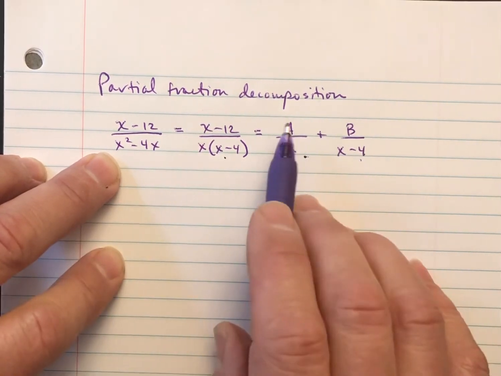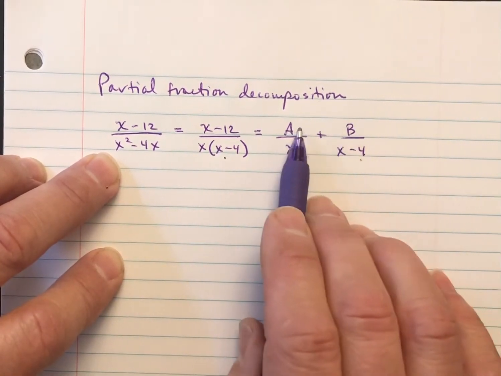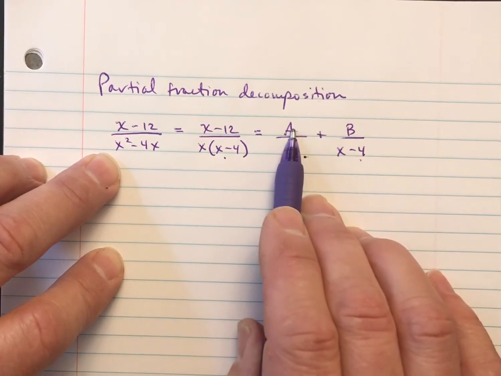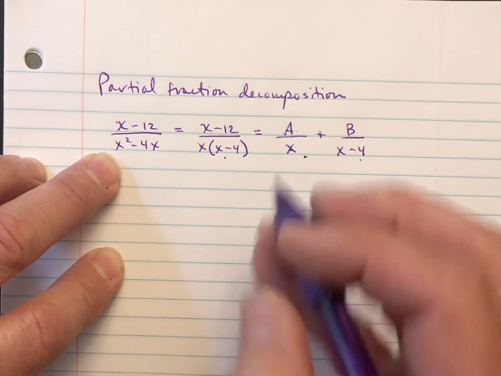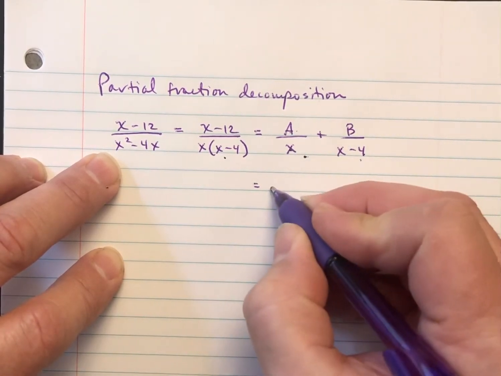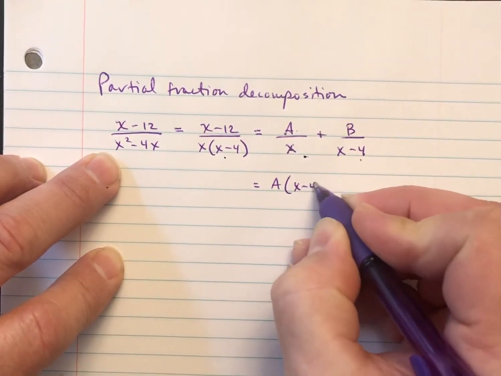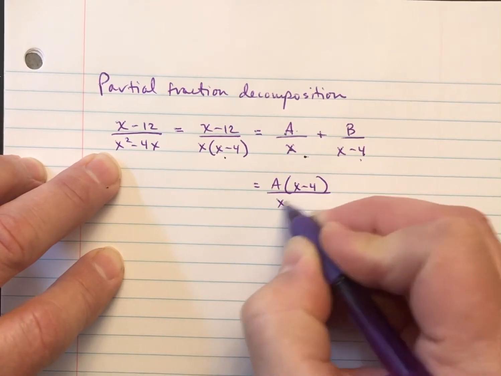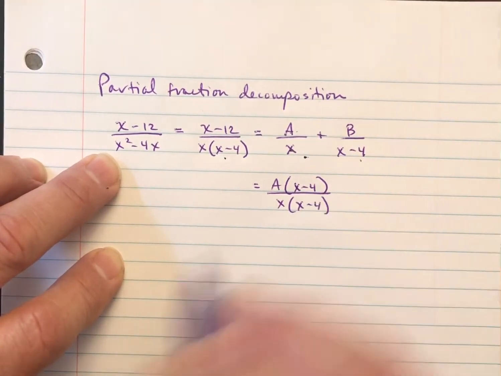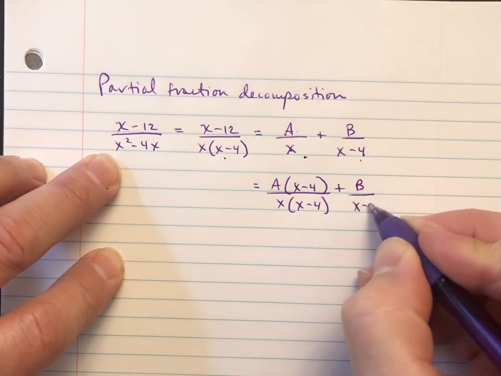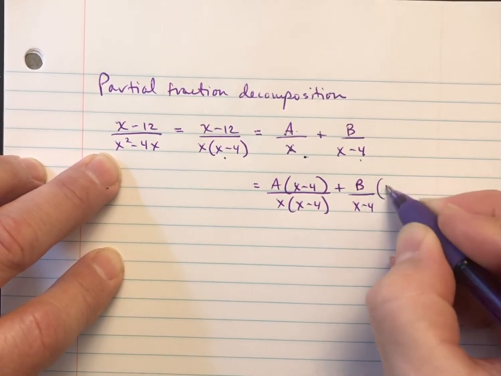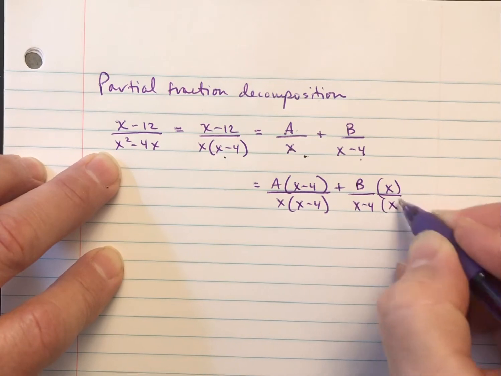So what I'm going to try to do now is figure out what a and b would be so that we end up with x minus 12. The first thing I'm going to do is multiply the top and bottom here by x minus 4 in that first fraction. And in the second fraction, I have to multiply by x over x.